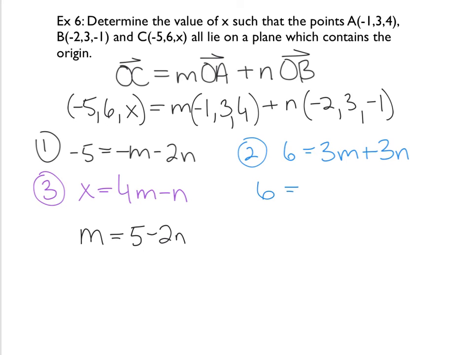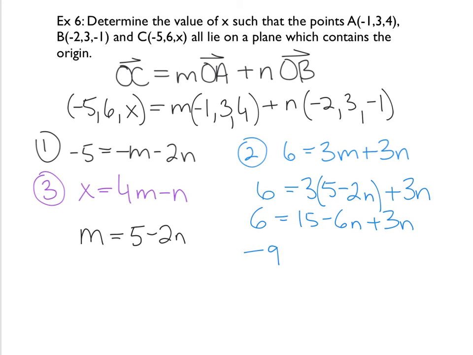So 6 is equal to, let's just leave equation 3 for now. So 3m, which is 5 minus 2n, plus 3n, so we're just using substitution here. So you get 6 is equal to 15 minus 6n plus 3n. You get negative 9 is equal to negative 3n, and n is equal to 3.